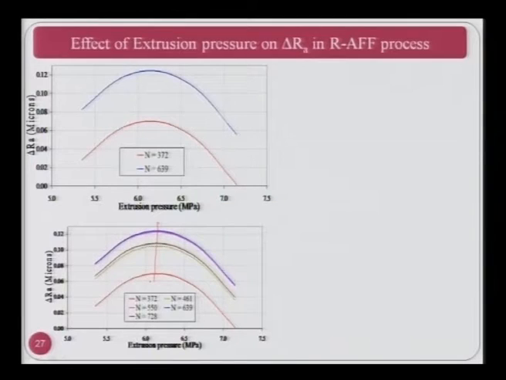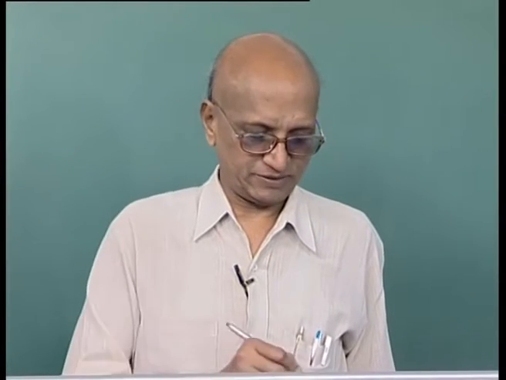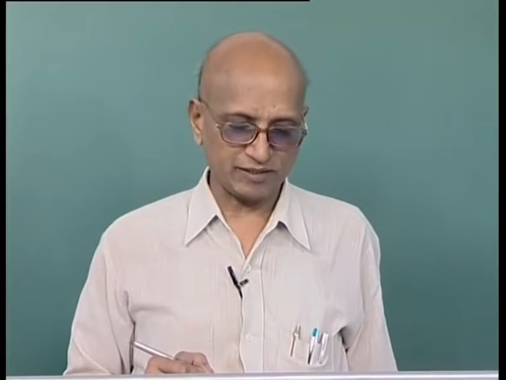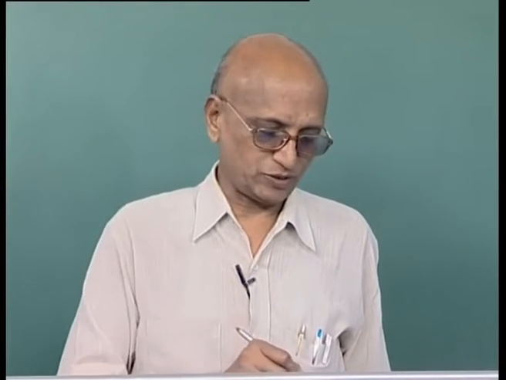So, we should use that particular extrusion pressure which gives the maximum value of delta RA for the given setup and finishing conditions. Definitely it will be different for different workpiece materials, and this number will be different for different setups also. The finishing conditions and the medium will also change the optimum value to some extent.